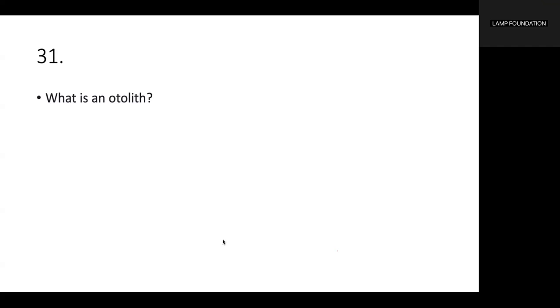What is an otolith? A tiny stone made of calcium salts that rolls around on the otolithic membrane.